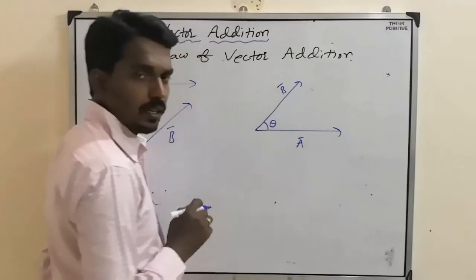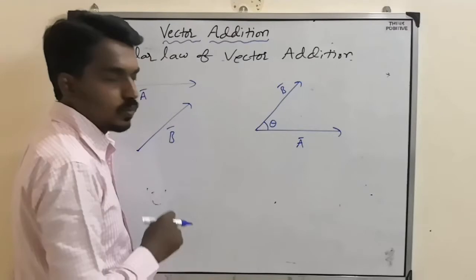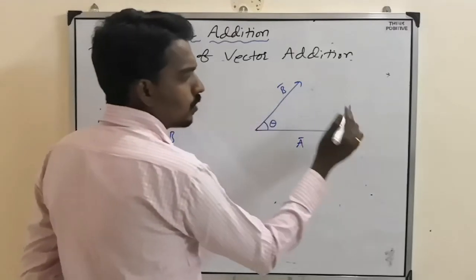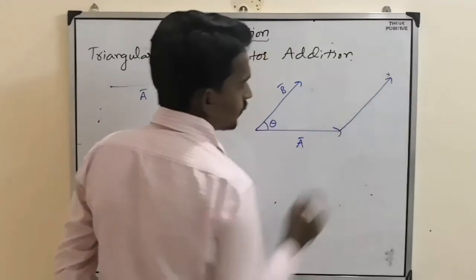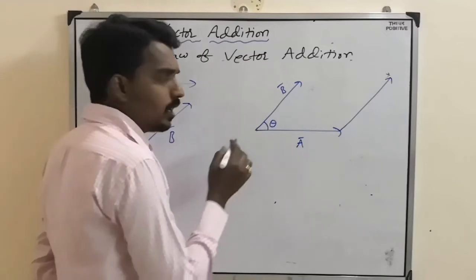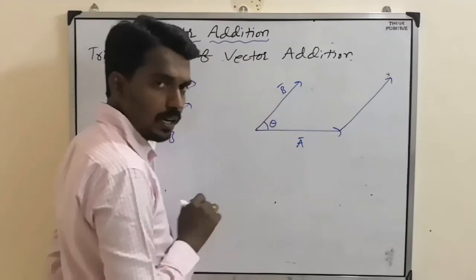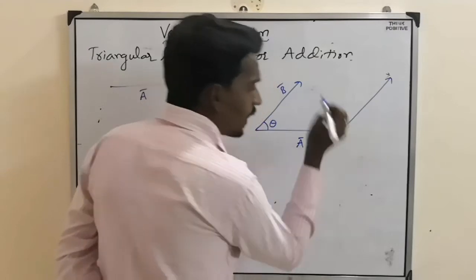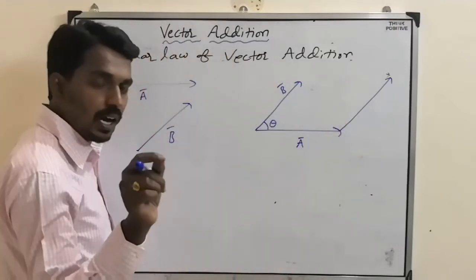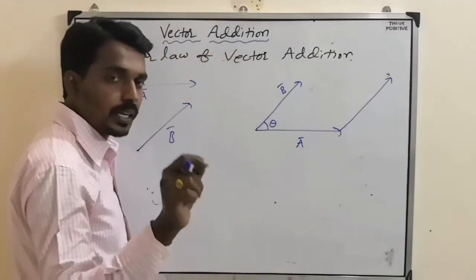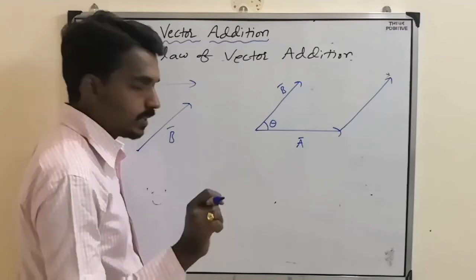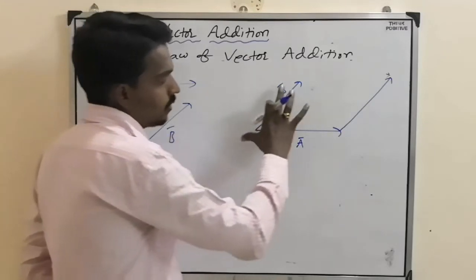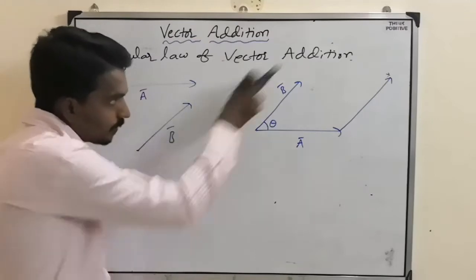Not only this way, you can also draw in this way. The same B bar you can draw here also. Not from the starting point, you can draw B bar from the ending point of A bar. But the care that should be taken is, the direction you have to keep the same.